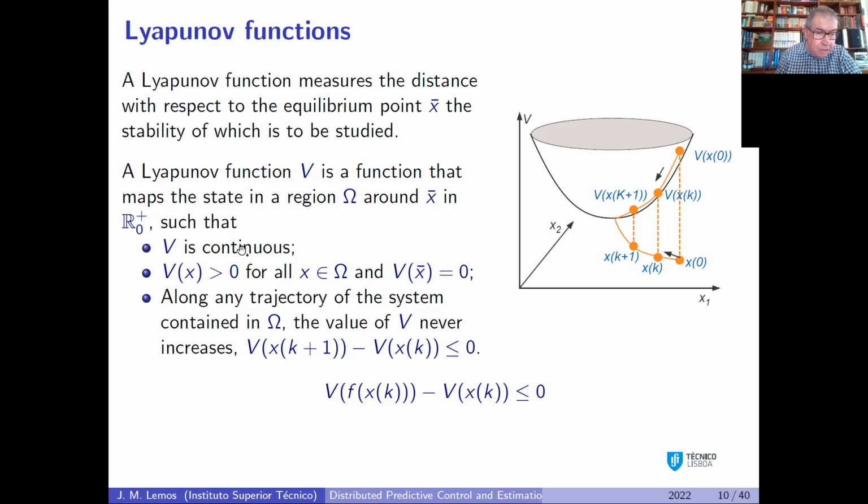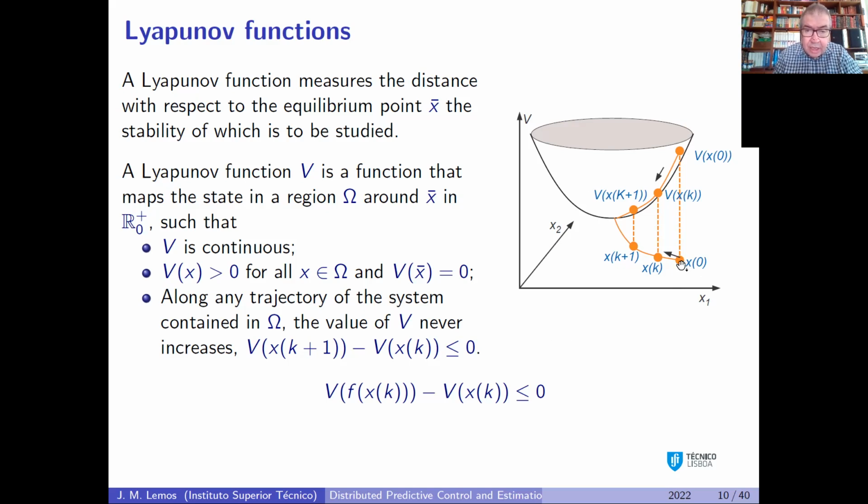Now, apart from these two conditions, I have another condition, which is this. Suppose that I start at some initial condition. Look at the diagram. So I start in the plane x1, x2 at some initial condition x0. So I compute x1 and x2 and so on. So I have a sequence of points. And I take two consecutive points arbitrarily. For any of these points, there are states.